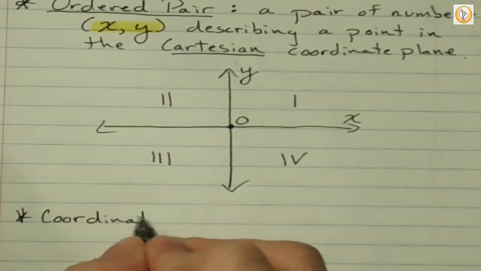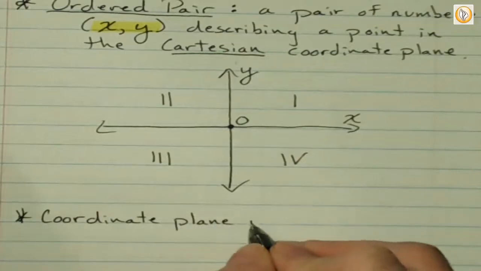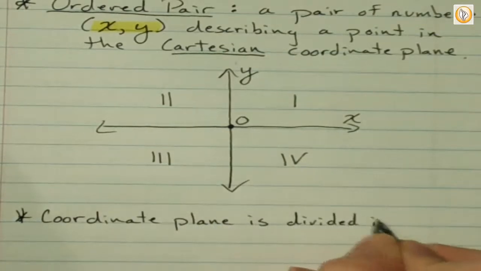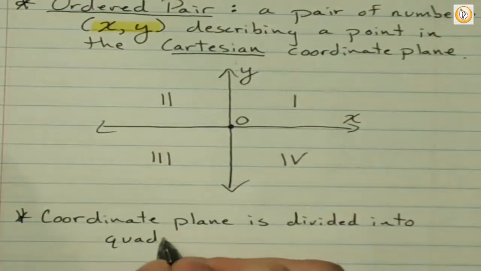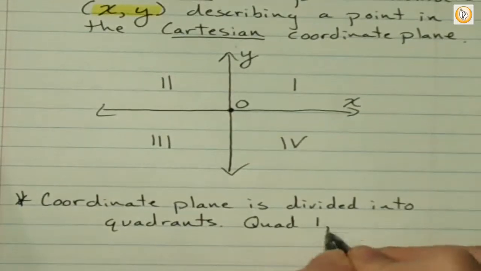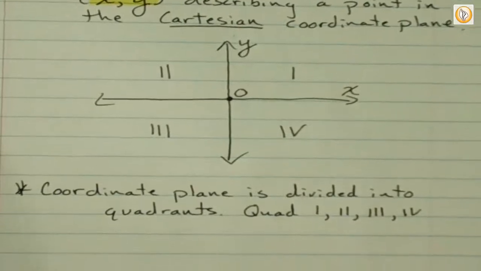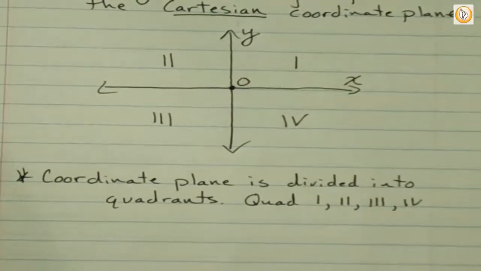The coordinate plane is divided into quadrants. Quad 1, 2, 3, and 4. Make sure you have these written down.